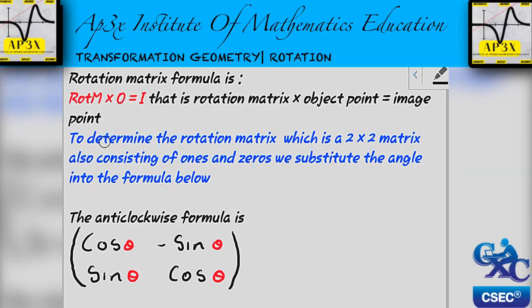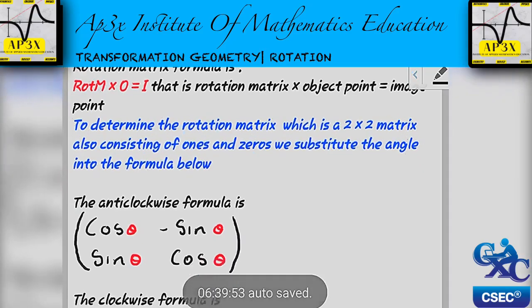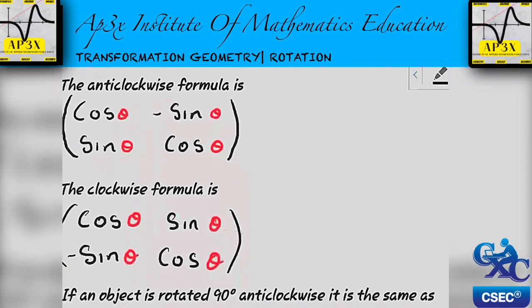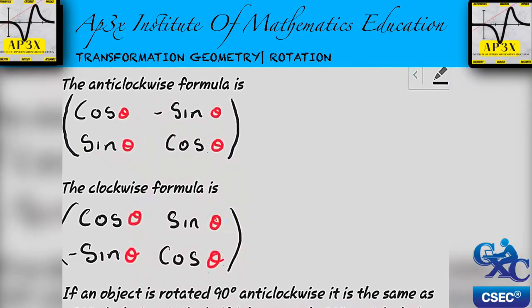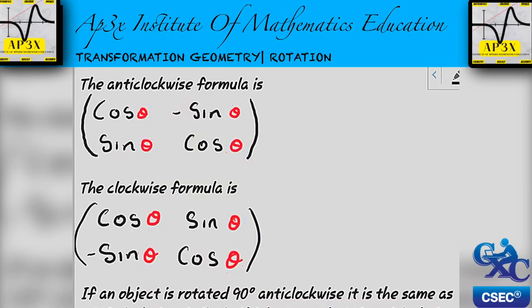And bear in mind that we have already discussed that the rotation matrix as well as the reflection and enlargement matrix will be a 2x2 matrix consisting of ones and zeros. And so basically we can use this formula down here to derive the matrix, because you need the rotation matrix to rotate the object point onto its image.